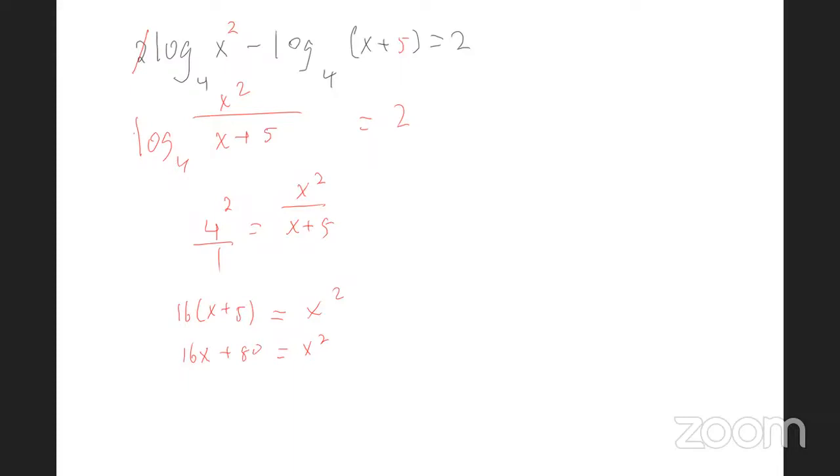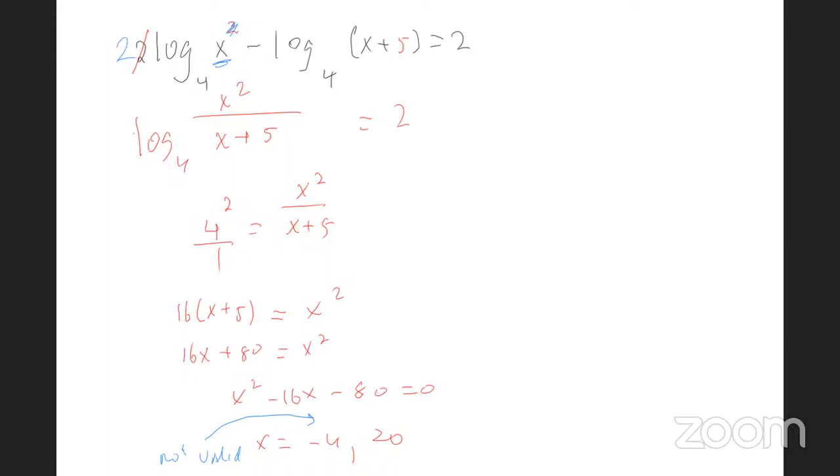So now we have a quadratic. x squared minus 16x minus 80 is equal to 0. Right? When you solve, you get x to be -4 and 20. The reason we'll say this solution is not valid is because you're finding log of -4.